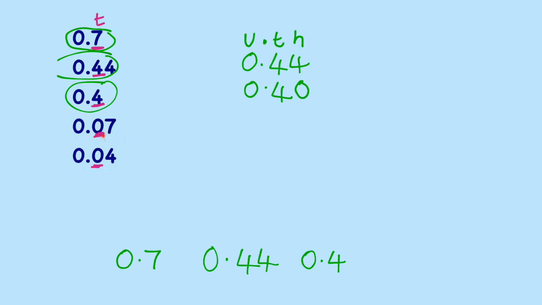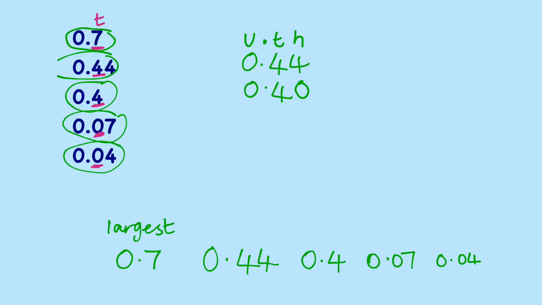Well, 7 is going to be bigger than 4, isn't it? So I can write down 0.07. That's that decimal, and then that means the smallest decimal in my list is 0.04. So I've gone from my largest decimal over here to my smallest decimal over here.